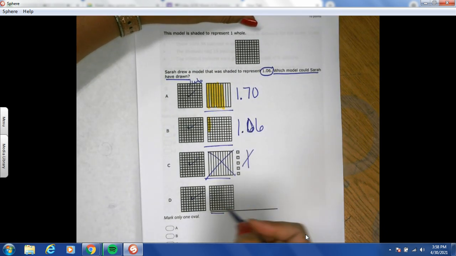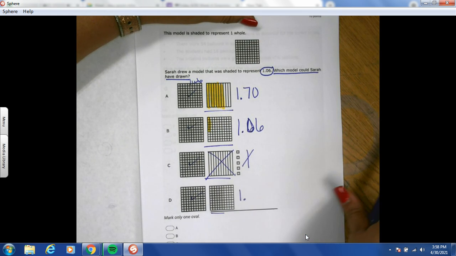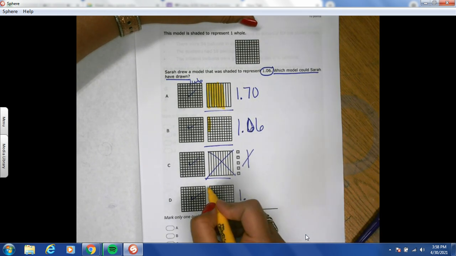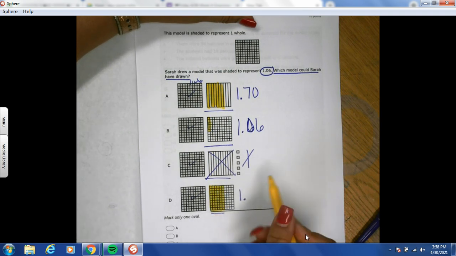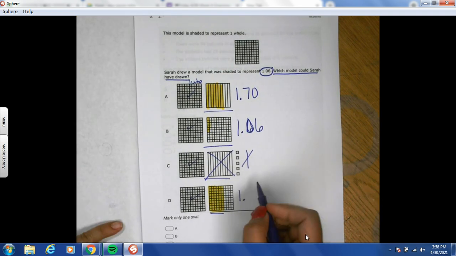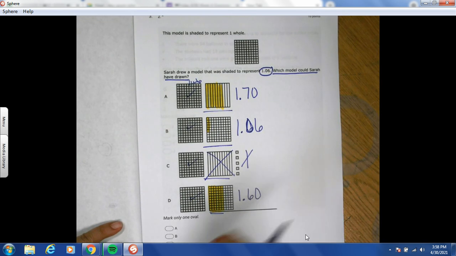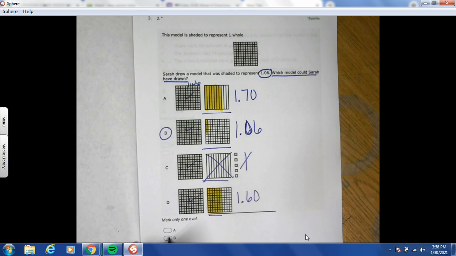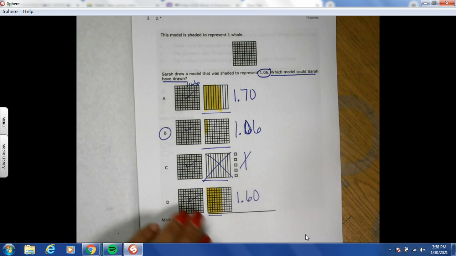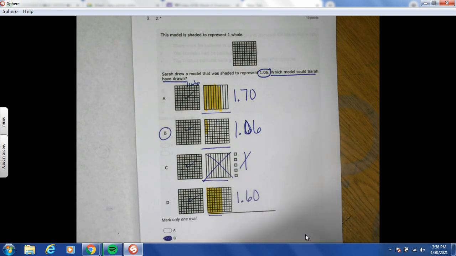And on the last one, it shows me 1 and it's shaded 10, 20, 30, 40, 50, 60. So the answer that I'm looking for is letter B. Shade in letter B. All right, let's go to number 3, which is going to be number 8 in your packet.